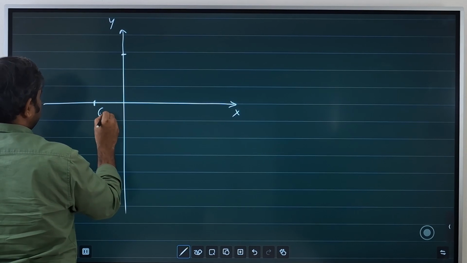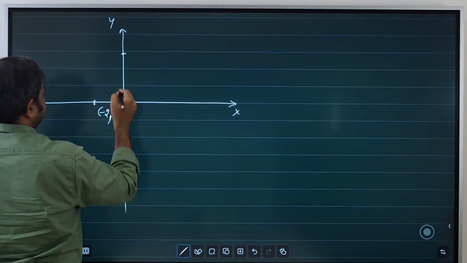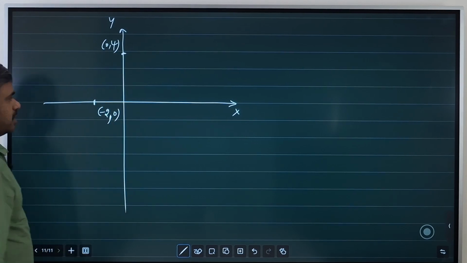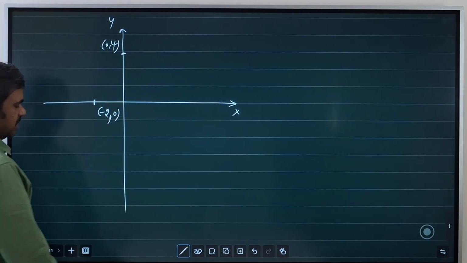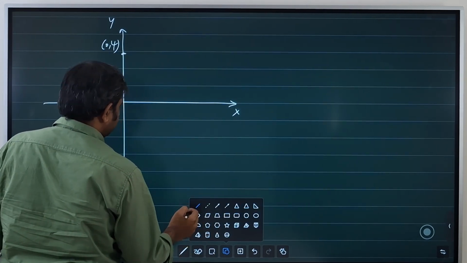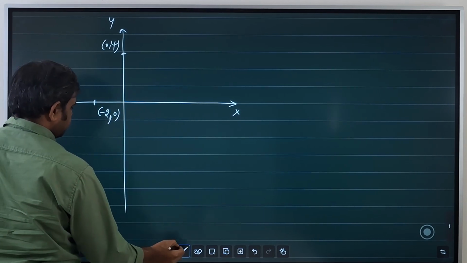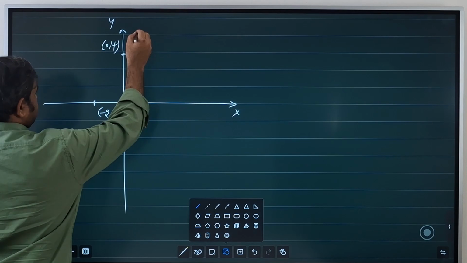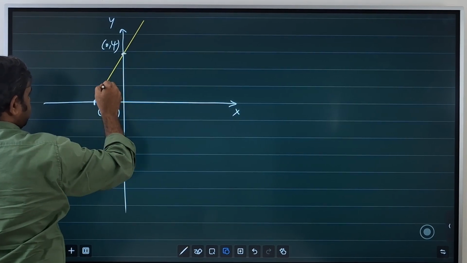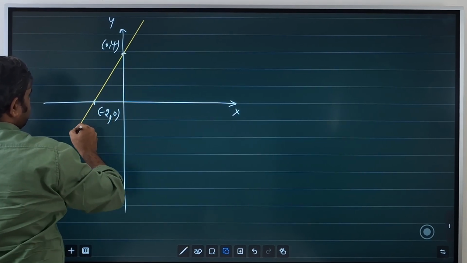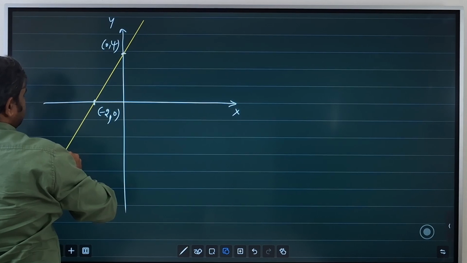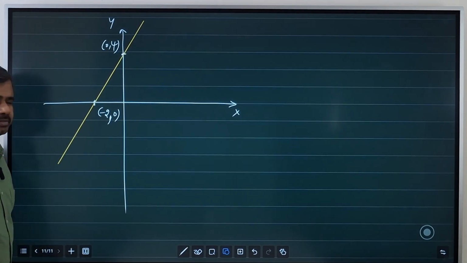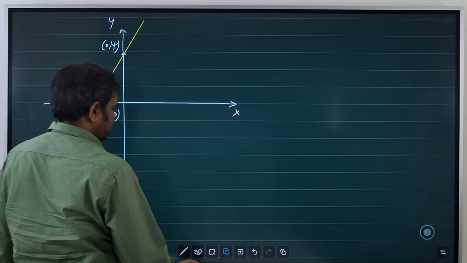This is the (minus 2, 0) point, and this is the (0, 4) point, and the graph is a straight line passing through these points. That's it. This is the shape of the graph.